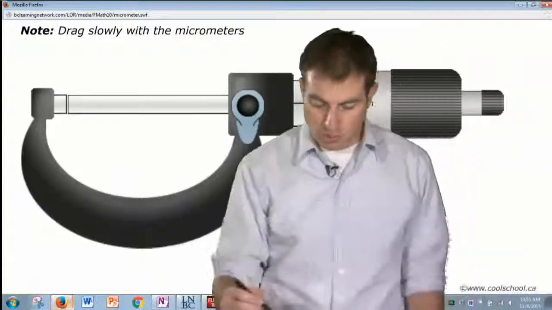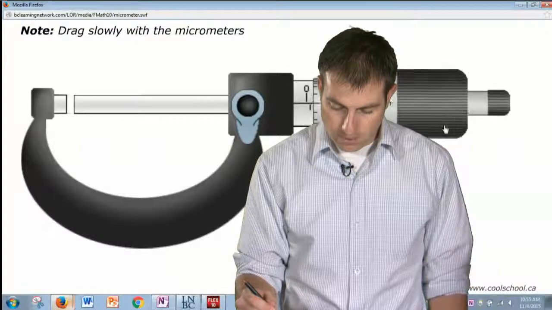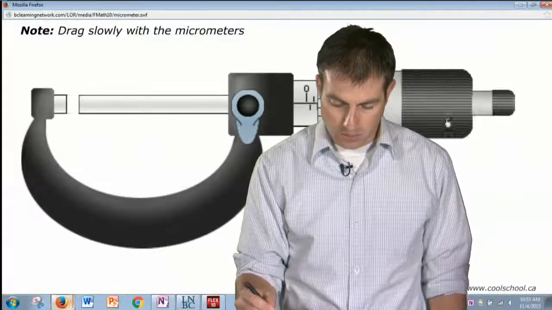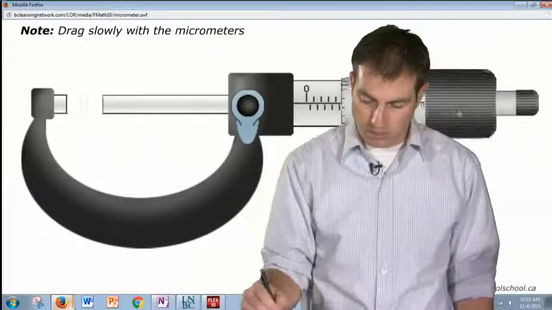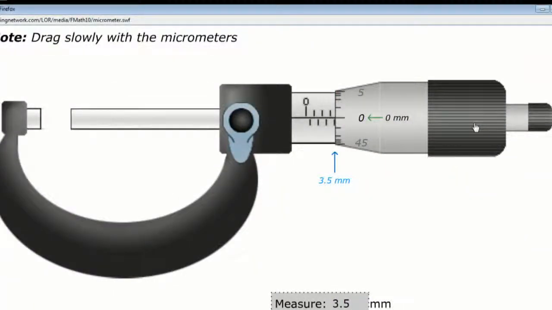All right, so the micrometer, it's going to be really hard to do with my mouse. The micrometer works the same general way as the caliper. There will be no micrometer question on the midterm, but it's worth talking about.